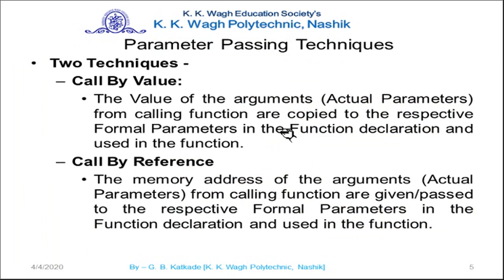The parameters are passed using two techniques named call by value and call by reference. What is the basic meaning of call by value? In call by value, the arguments, that is, the actual parameters from the calling function, are copied to the respective formal parameters in the called function, in the sequence in which they have been specified.